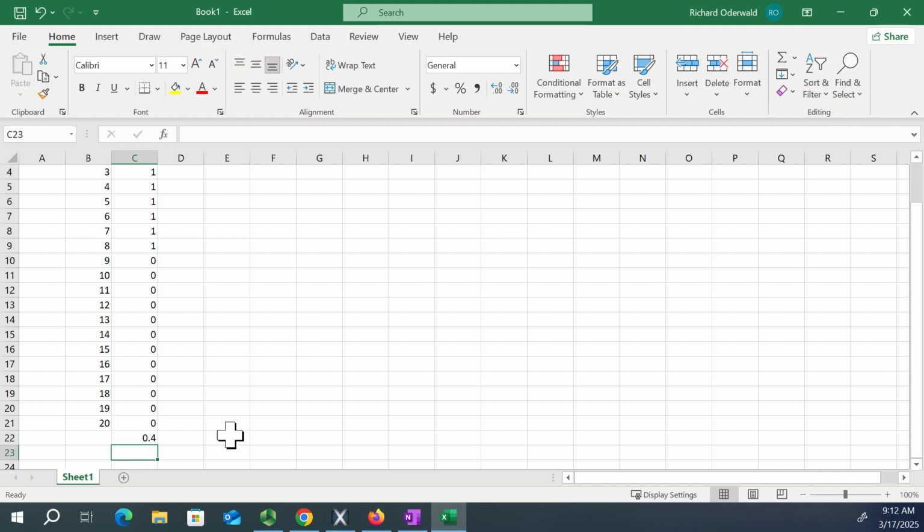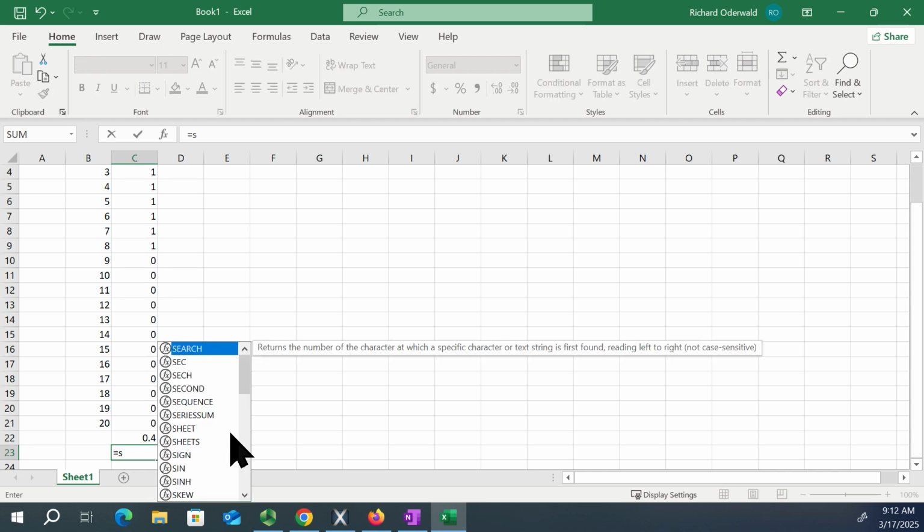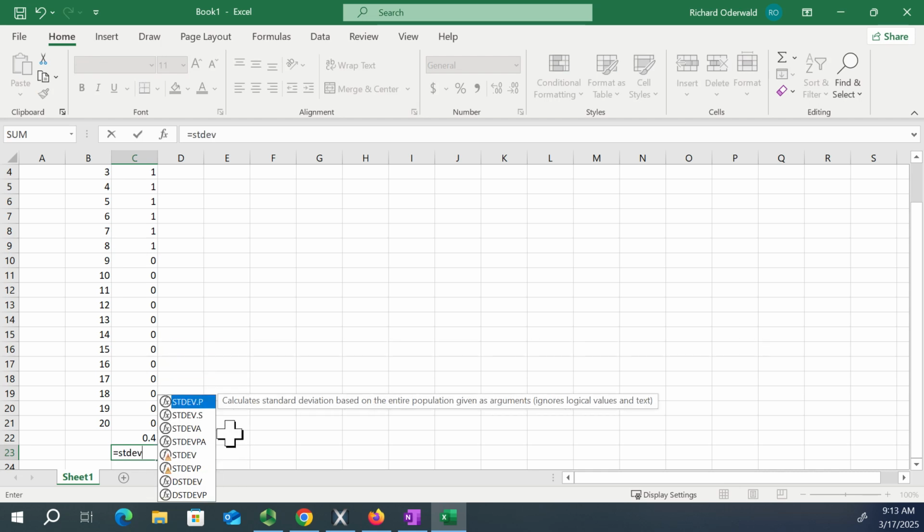Here, do the stdev.p. And it doesn't need to be there. It can be anywhere. And this is the population standard deviation.